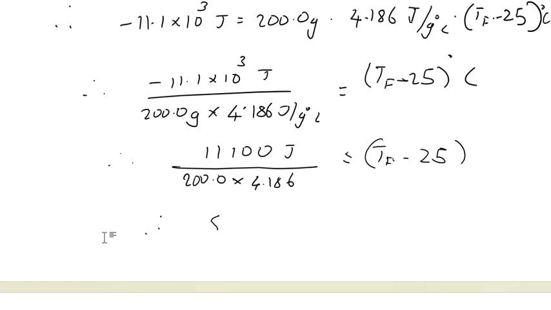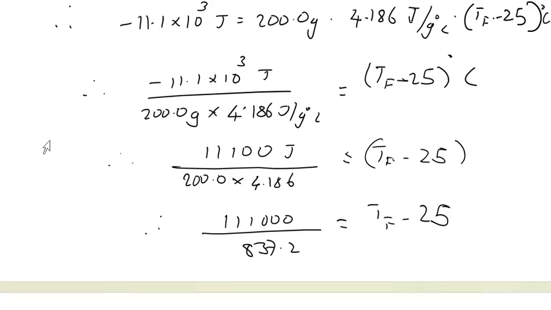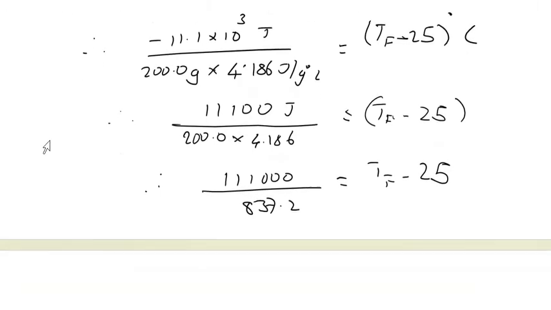I get 837.2. So I have now 11,100 over 837.2 into Tf minus 25. So I'll take 11,100 and divide that by 837.2. I get 13.258 degrees Celsius, Tf minus 25.